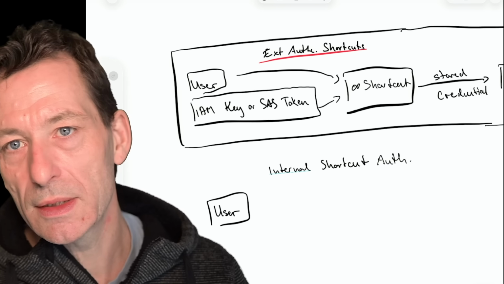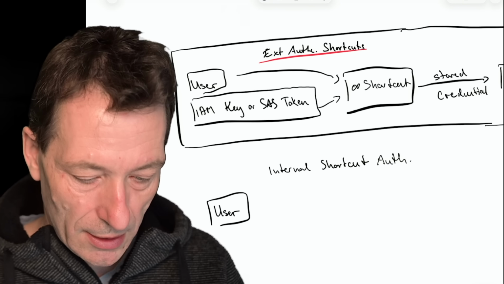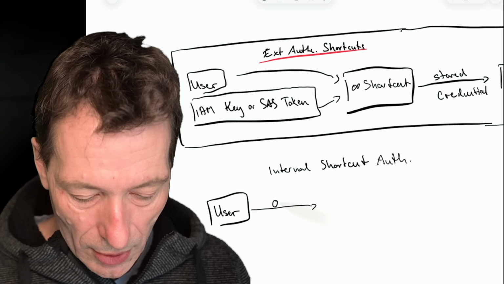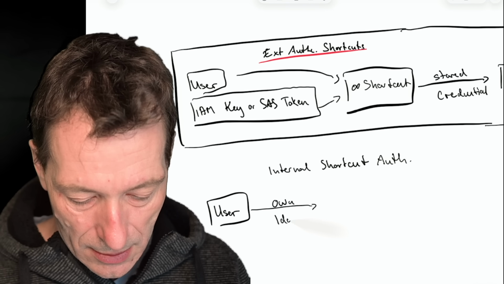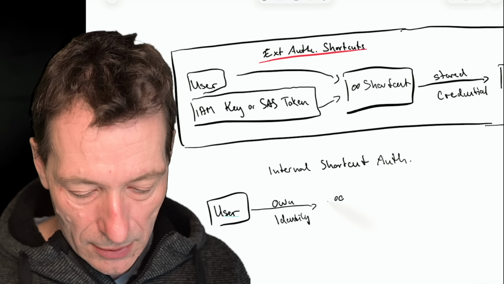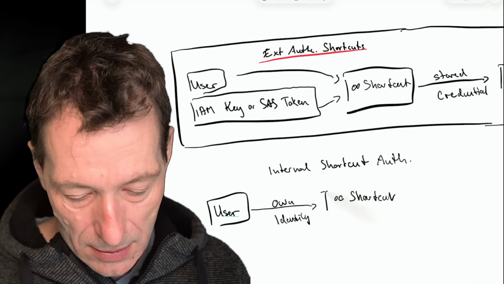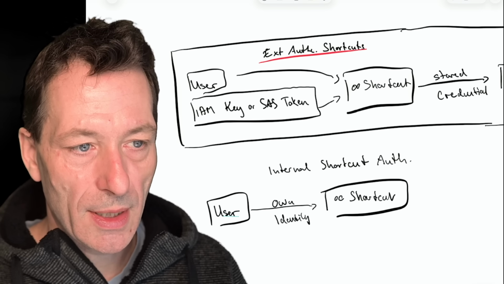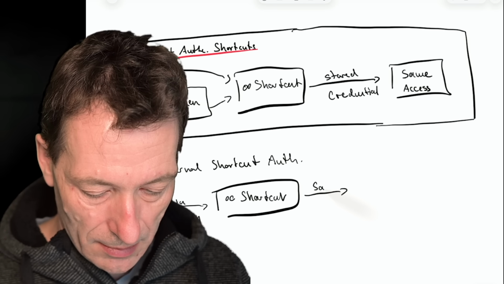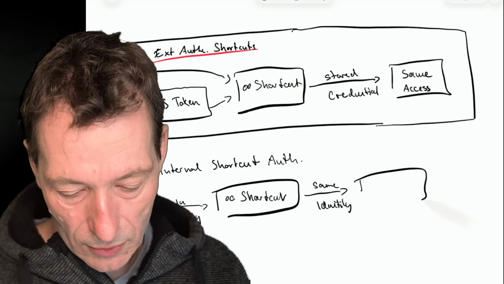If the user is an internal user, meaning it's authenticated against Entra ID, it is usually your own identity. With your own identity, you can authenticate against a shortcut. Then, with the same identity, you can go to the target Lakehouse.